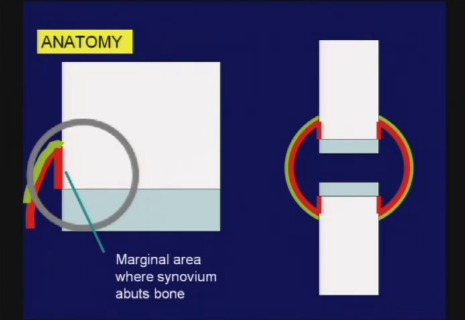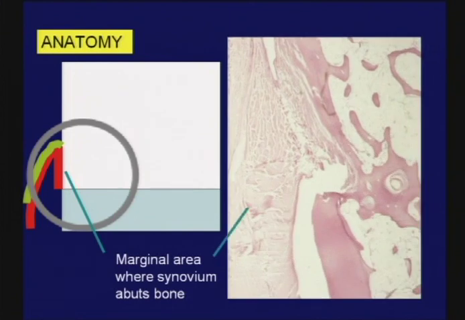The process may be rheumatoid arthritis, a seronegative spondyloarthropathy, or infection, but you've taken one step toward accurate diagnosis. Here, with histologic analysis, we see these marginal regions where synovium abuts bone.